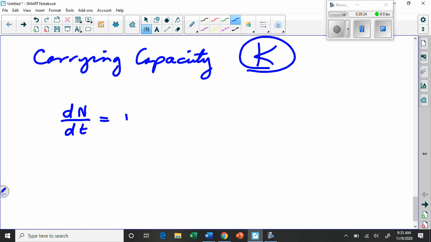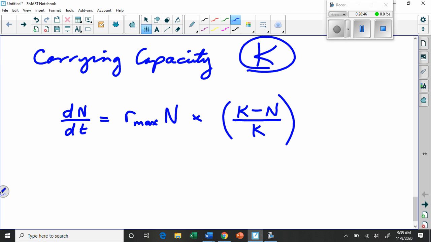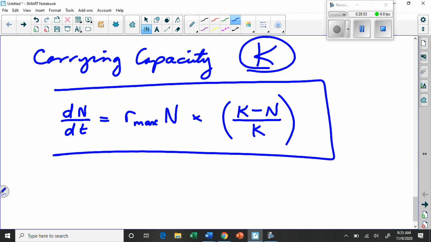And we said it was R max times N. But we need to sort of adjust this. So what we're going to do is multiply this by an adjustment factor. And the adjustment factor is (K minus N) over K. So that's the adjusted formula, right?